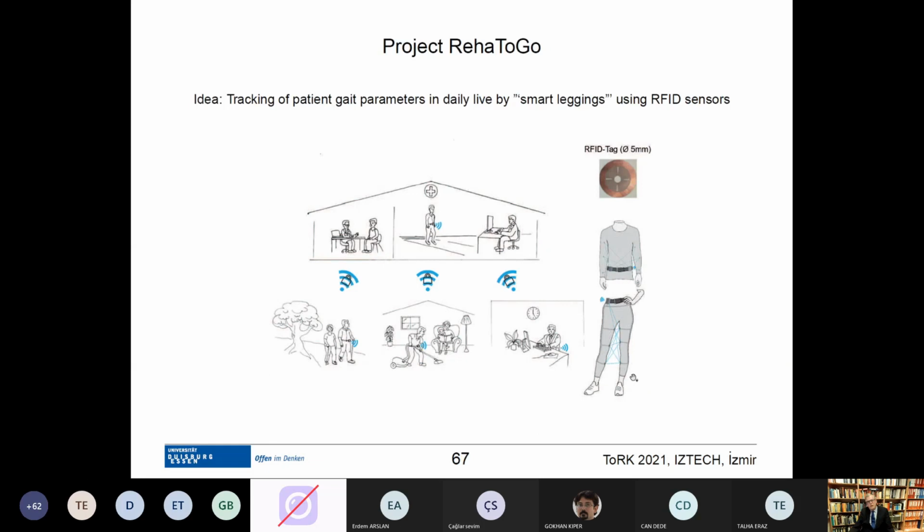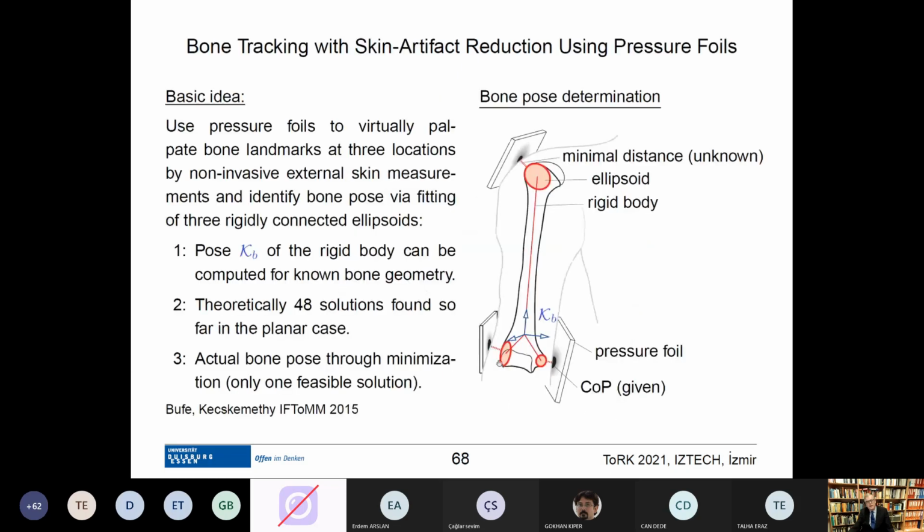Also, we are working with colleagues from electrical engineering, using RFID sensors that can be stitched into smart leggings. By using this, they can be carried in normal life, and this can be tracked, of course, with all the data protections. Then the medical people can have an idea how the rehabilitation is developing during daily life.